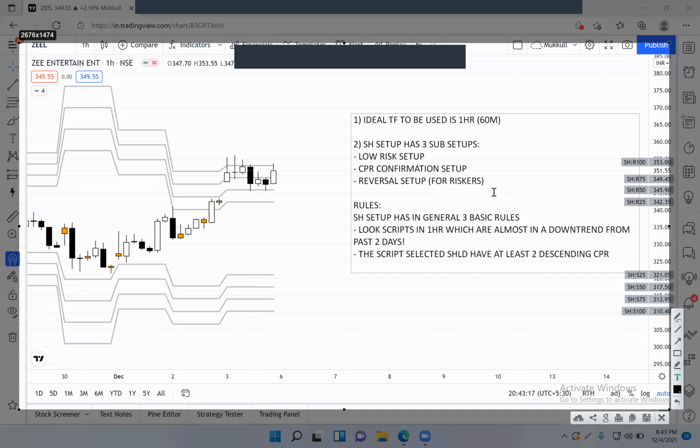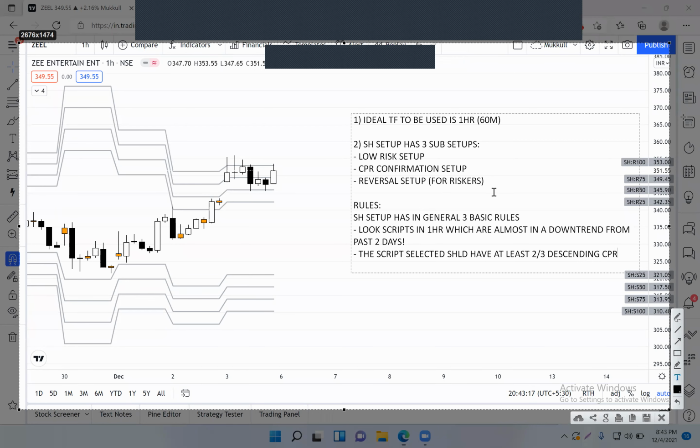It depends upon how you experience things, so let me put it as 2 or 3. Once you get a hang of stop hunt, you can move it to your convenience, correct? But for the time being, we will just look into this. The script selected should have at least 2 or 3 descending CPRs, correct?